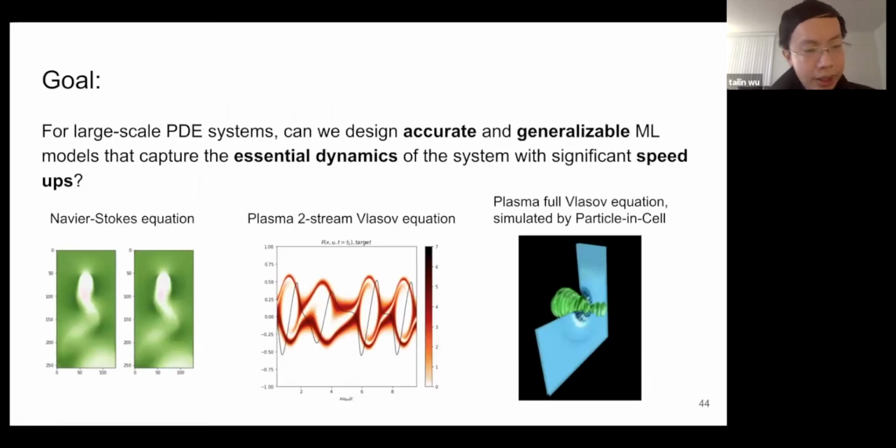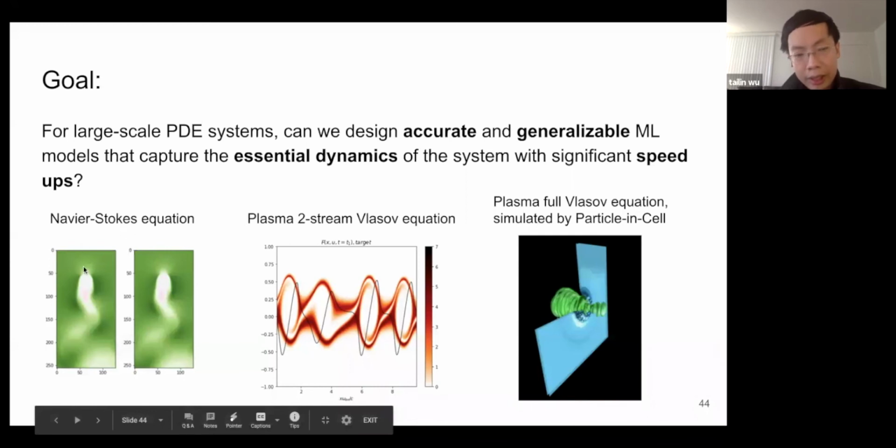Okay, so going back to our goal. Just now we tested our pipeline on this nonlinear equation, which is a standard benchmark and is relatively simple in the sense that this system is periodic; basically these waves just wiggle around periodically.